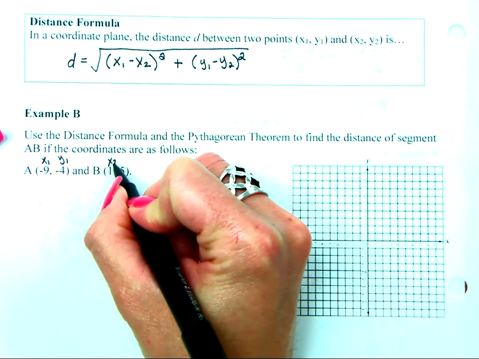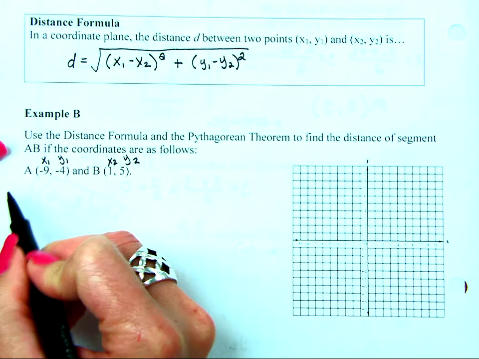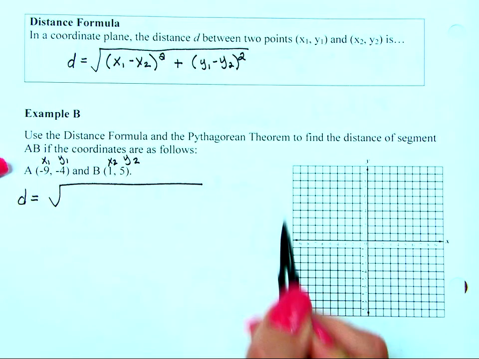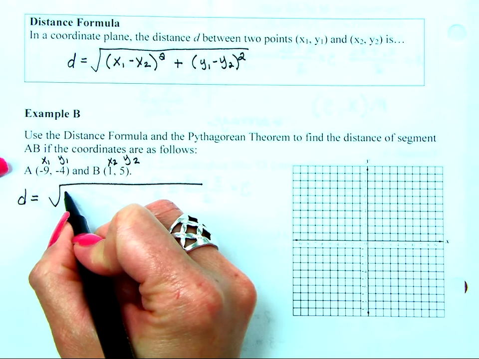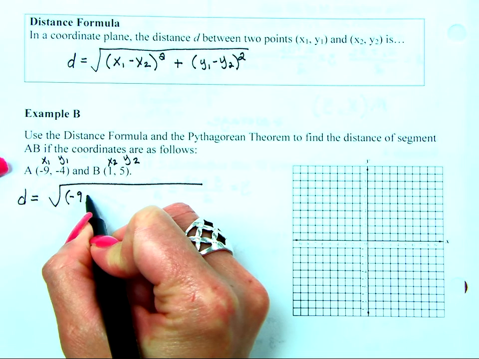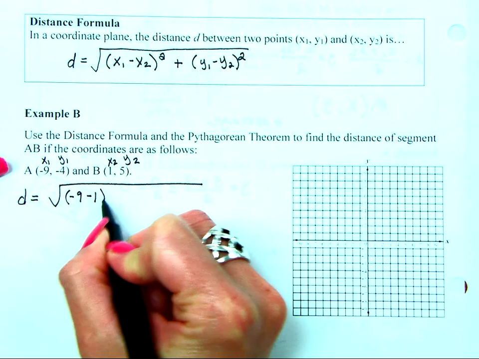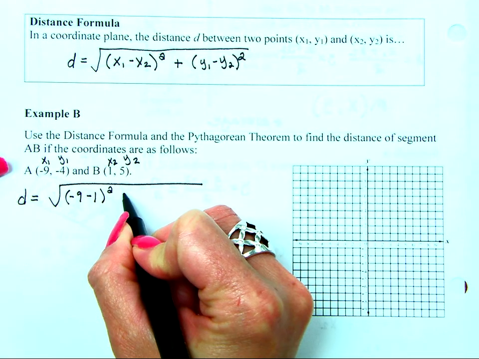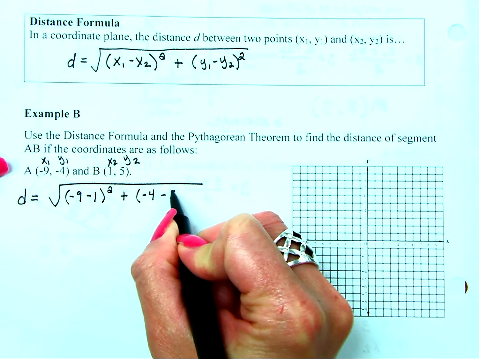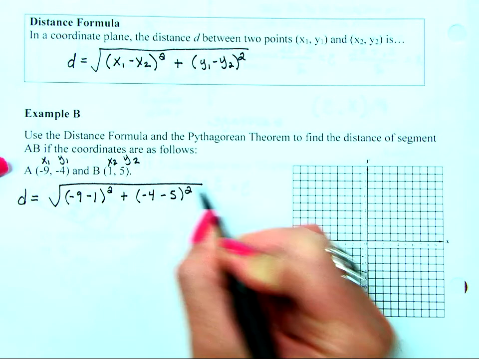Here is my x2, y2. I'm simply going to substitute my values into my equation. First are the x's: -9 minus 1 quantity squared, plus -4 minus 5 quantity squared.